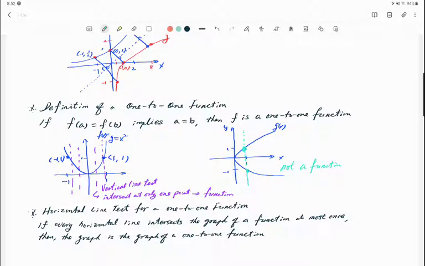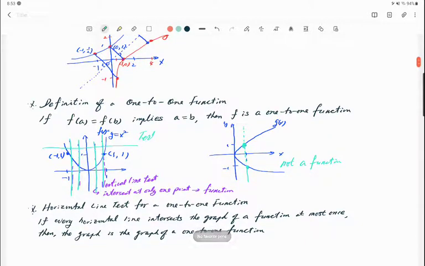For y equals x squared, using the vertical line test, there is exactly one intersection. So this is a function, but the inverse is not a function, because if you draw a horizontal line, that is the horizontal line test, and there is more than one intersection, then the inverse is not a function.